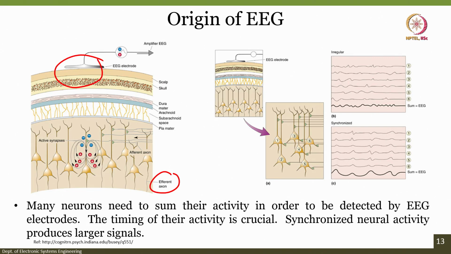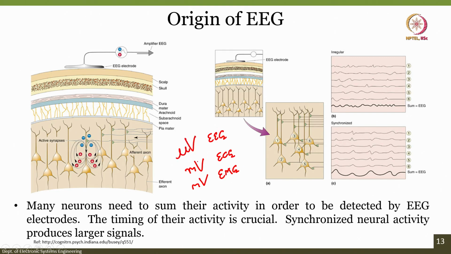And since the signal is very small compared to ECG, like the signal from ECG is millivolts, the signal from EMG is millivolts, sorry. But the signal from EEG is only microvolts.